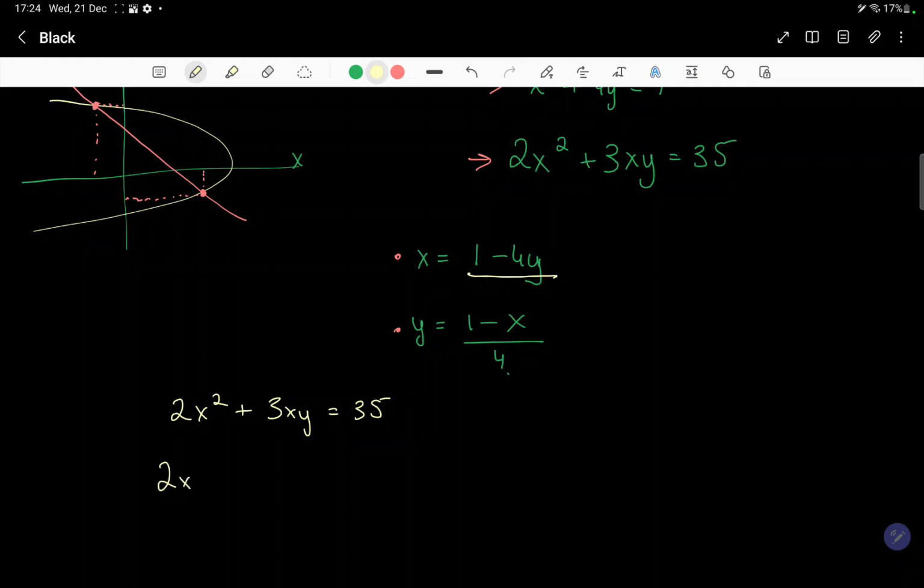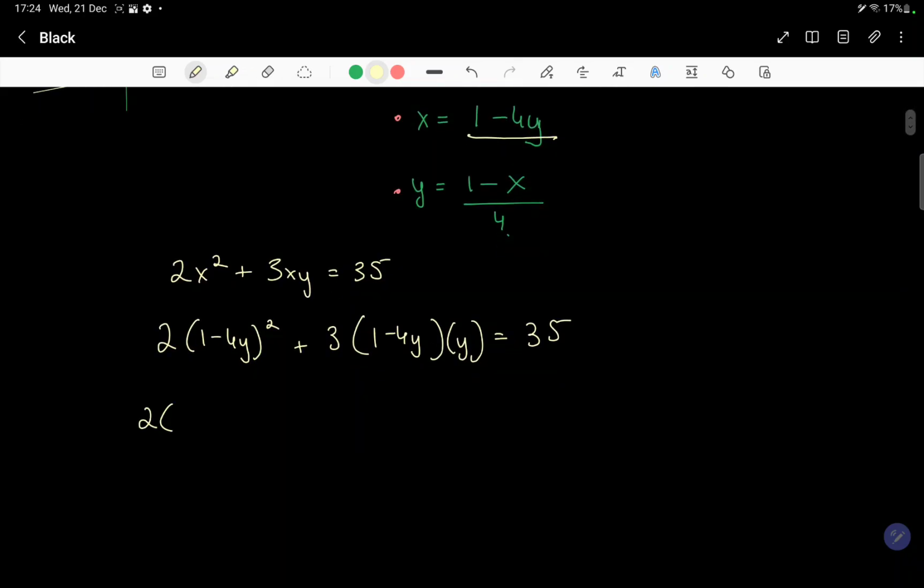So I'm going to write 2 times (1 minus 4y) to be squared, plus 3 times (1 minus 4y) times a y equals 35.